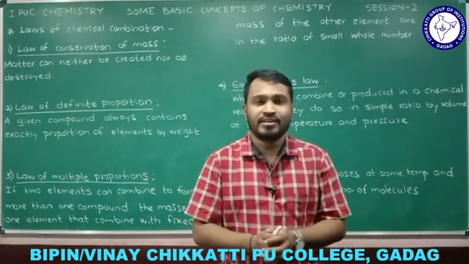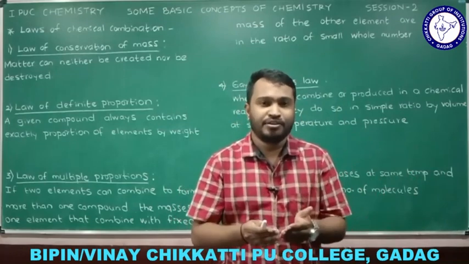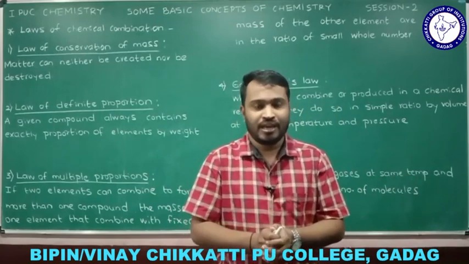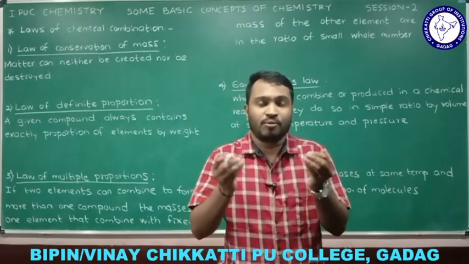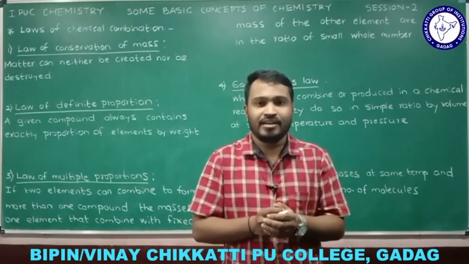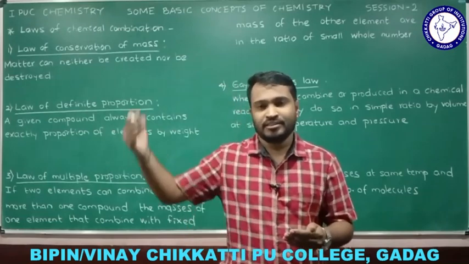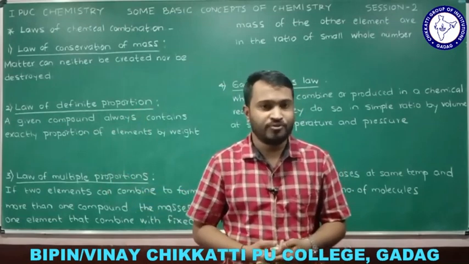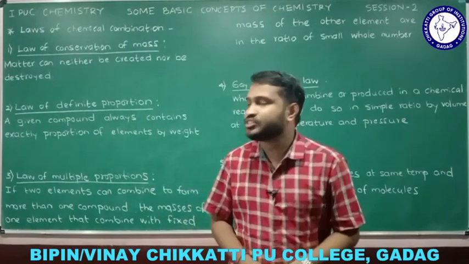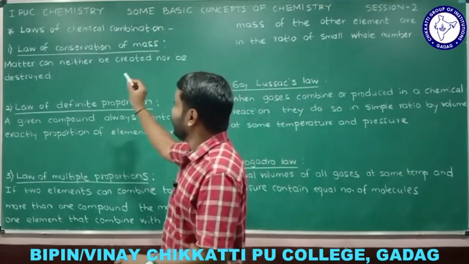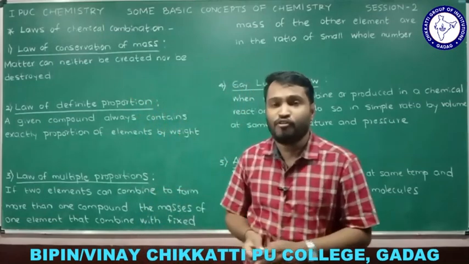We know that one, elements combine, you are going to get a compound, and this is how the combination takes place. And the combination of elements to form a compound depends on the 5 different laws what we are going to study now. We'll see the first one. The first one is law of conservation of mass.